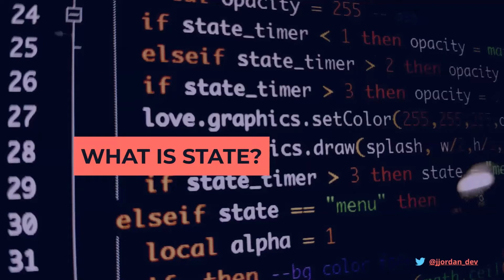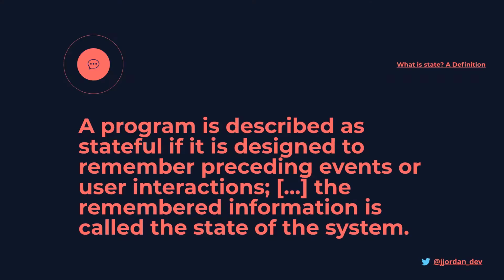And state in general is a very broad topic you can just get from computer science or any other computer science related topics. And if you look at a definition, for example, we could come up with something like this. A program is described as stateful if it's designed to remember preceding events or user interactions.